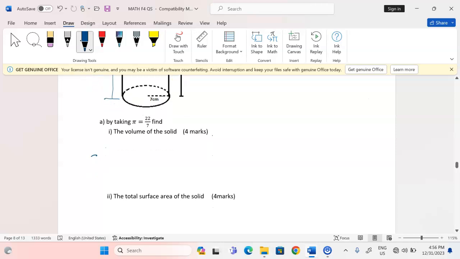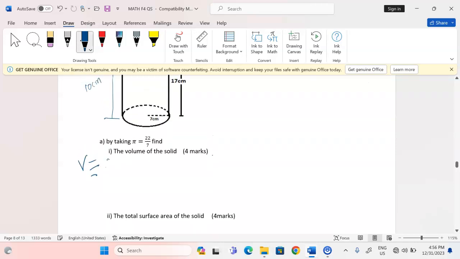For us to get volume, we have to add the two solids. Hemisphere, which is going to be 2/3 pi r cubed. Then we add the cylindrical part, which is base area, the cross-sectional area, times height. The cross-sectional area is circular, therefore pi r squared multiplied by the height.